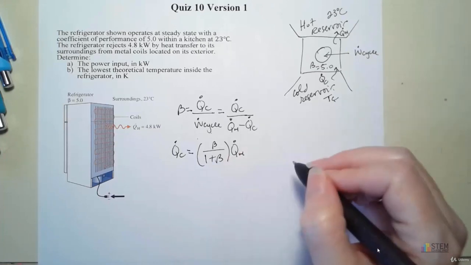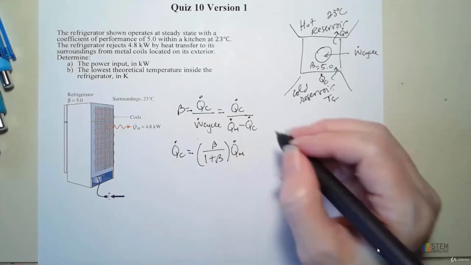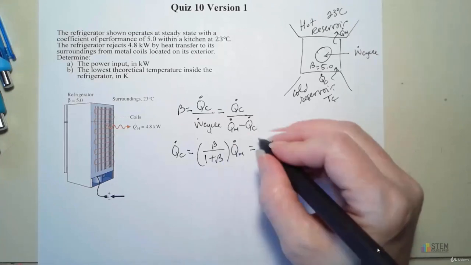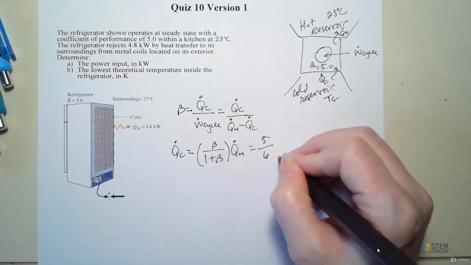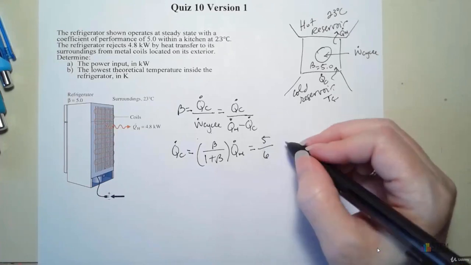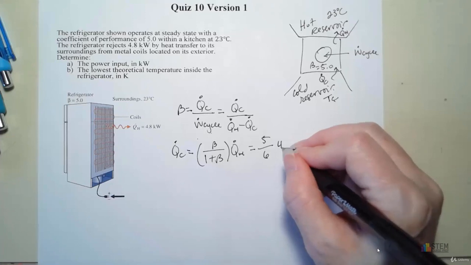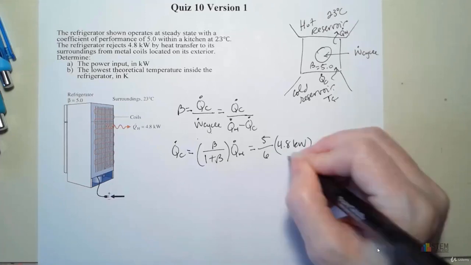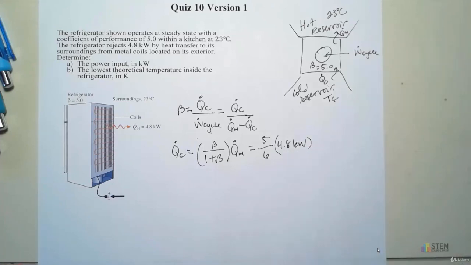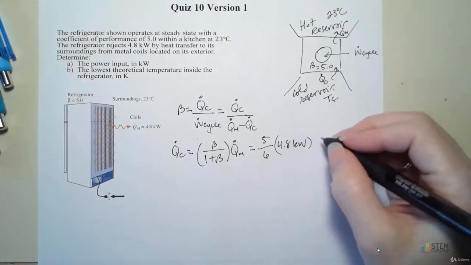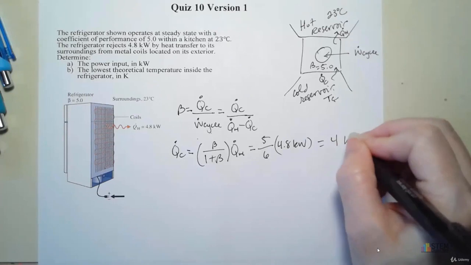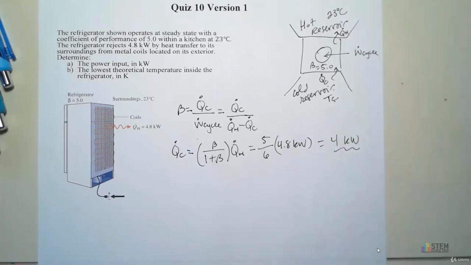Whoops, this is plus, 1 plus beta there in the denominator. Now beta is equal to 5, 1 plus 5 is 6 obviously, and then QH dot was given to us. QH dot is 4.8. Alright, so now we got that. That gives us a QC dot of 4 kilowatts.